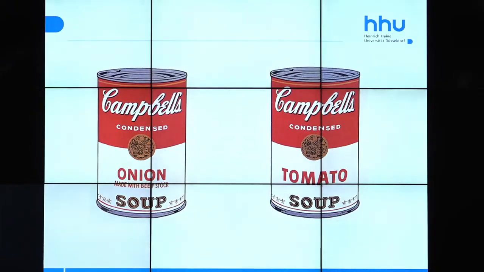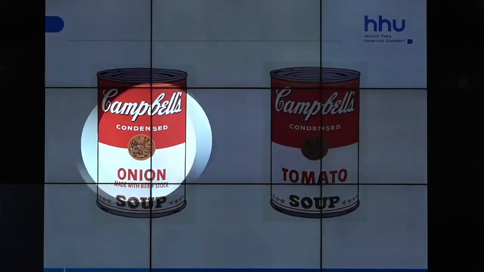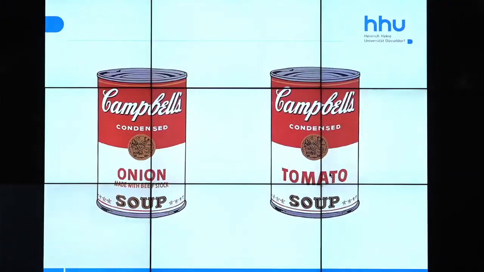This innovation or pattern is not only in medicinal chemistry or in techniques, but you see here also in art. You see 2 different soups, onion and tomato soup, but they look like the same. You have to go into the detail to see the differences in the pattern for the different structure.